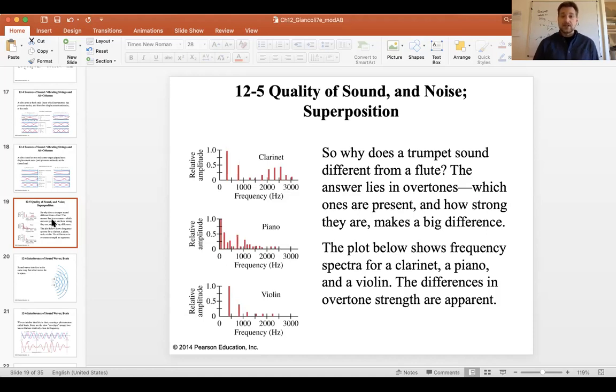A piano string that we hit with a hammer oscillates with many different frequencies that are all associated with this overtone series, the harmonic series. It's the relative amplitudes of the various components that make a sound like it does.